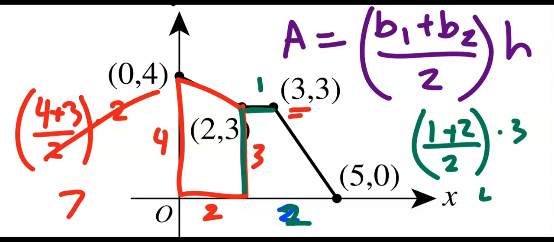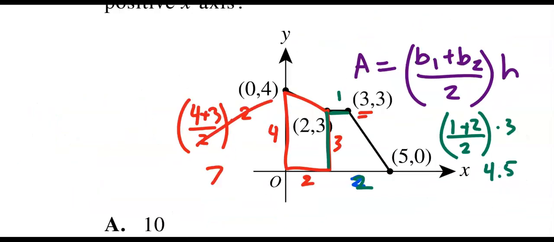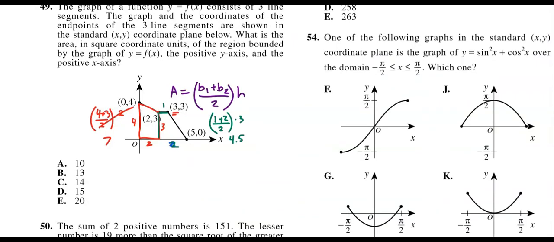So that'd be what, 4.5? Because that would be 9 over 2. So 4.5 plus 7. What am I missing? Did I miss something? Oh. Man, they got me twice.